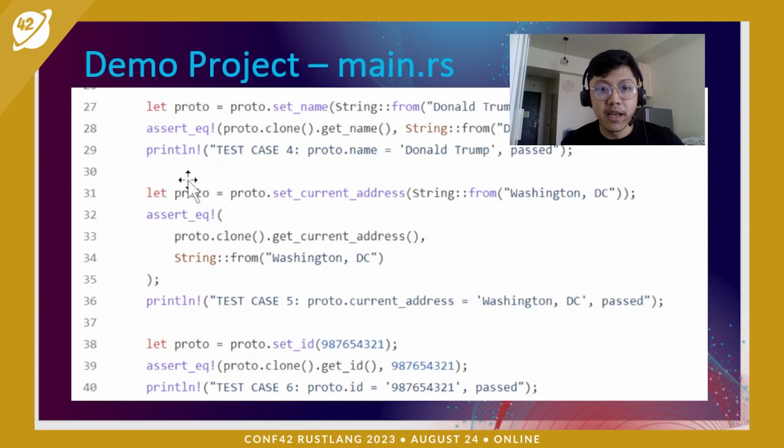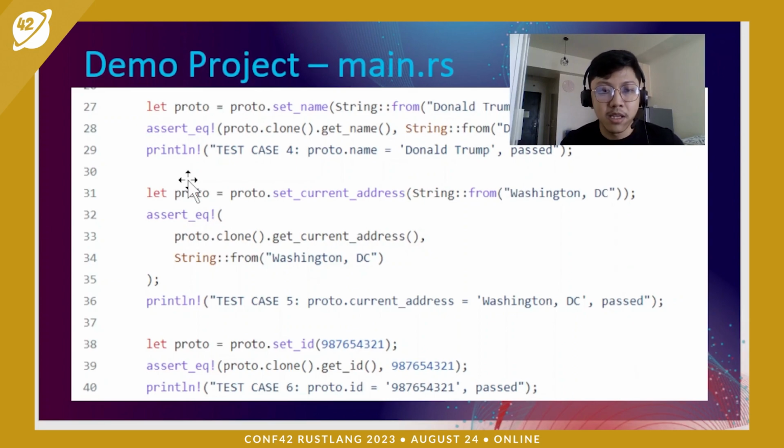Lastly, we have to test if our setter for ID is also working fine. So we use set_id to change the value from 123456789 to 987654321.